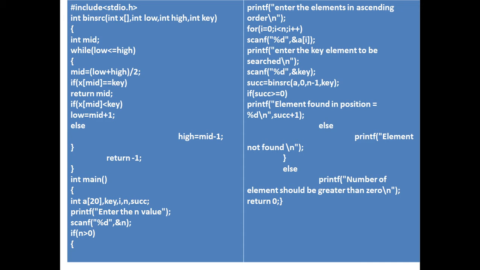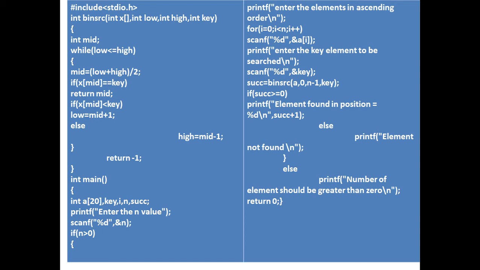Next, if the middle element is not equal to the key element, it has to check whether your key element is less than the middle element or greater than the middle element. Before telling this, I'll tell you one thing. The binary search approach can be applied only to a sorted array of elements. The array must be sorted, then only you can go with the binary search method.